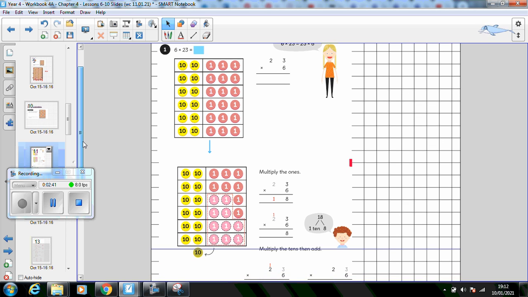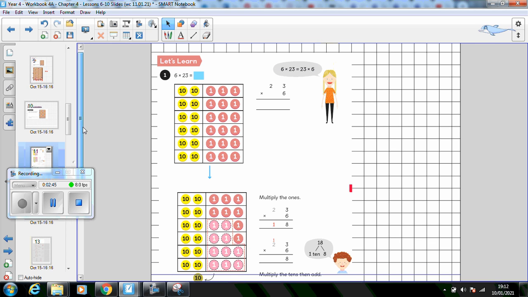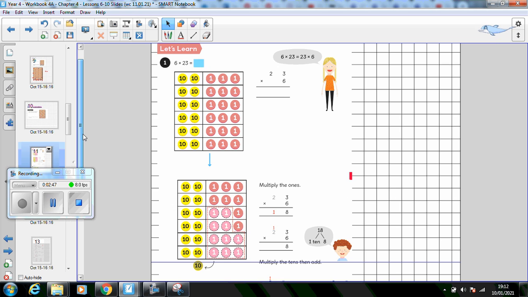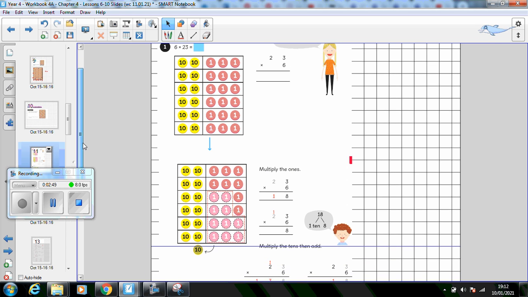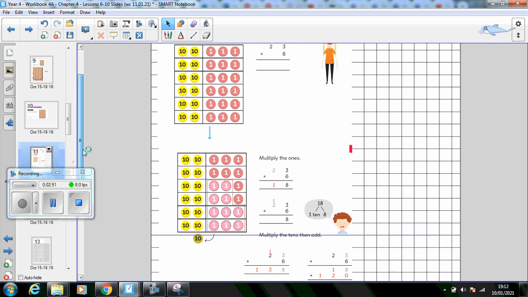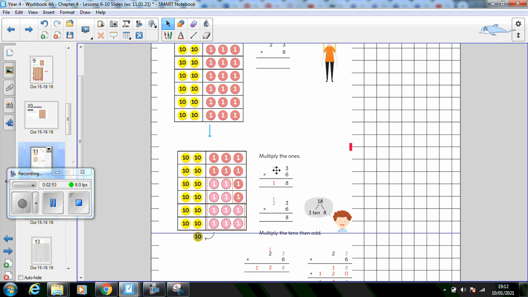Some of you are going to be feeling confident with the work we did yesterday, and you're going to be able to write it out in a compact method. Others of you will still need to write out your answers for the ones and then your answers for the tens separately and add them together. And that is perfectly okay. Whichever you prefer is what you should do today.